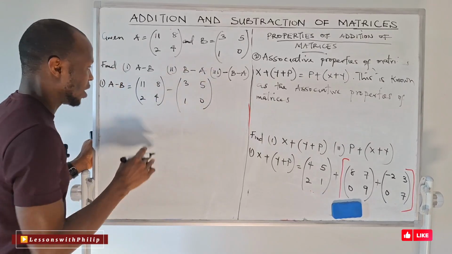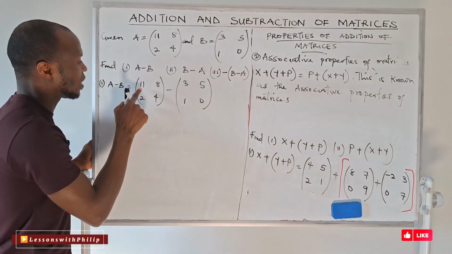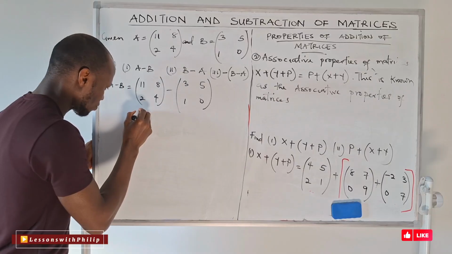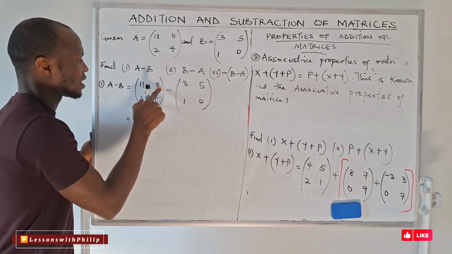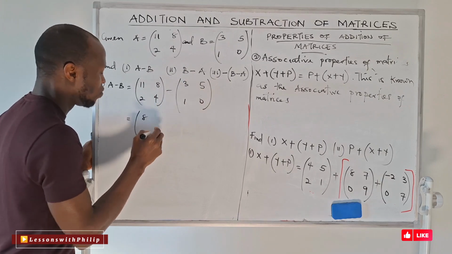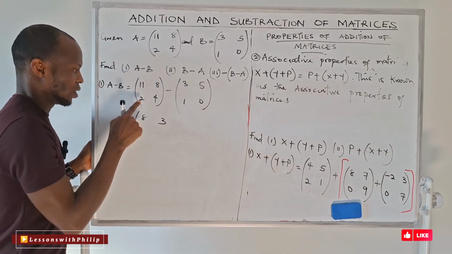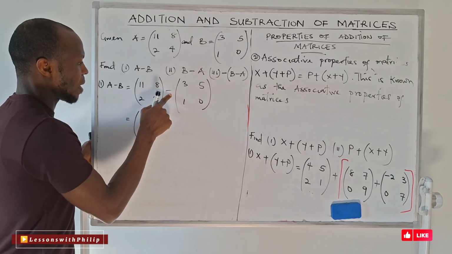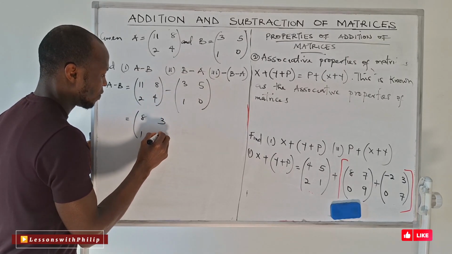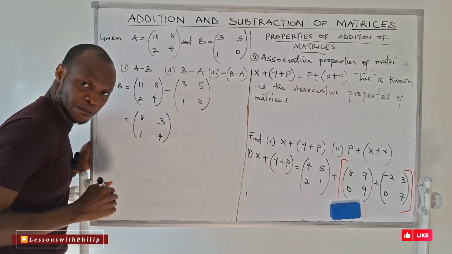Okay, if I subtract these two matrices, 11 minus 3 will give me 8, right? 8 minus 5 will give me 3. 2 minus 1 will give me 1. 4 minus 0 will give me 4. Okay? Do you get it?